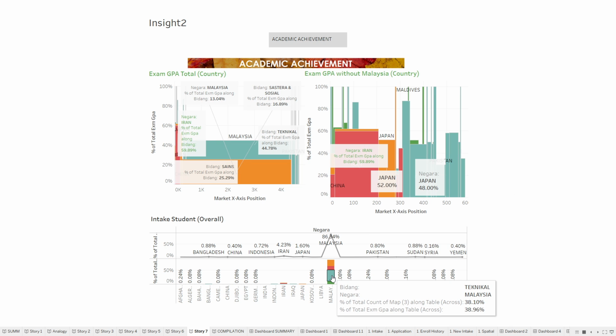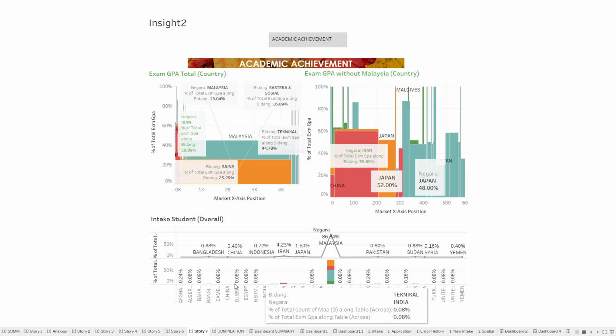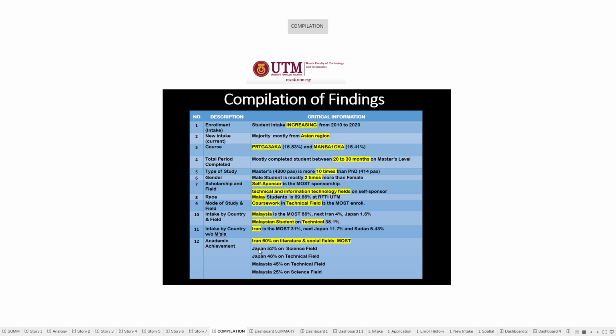And we can say here that for Malaysians, the most intake is 38.1% for technical.